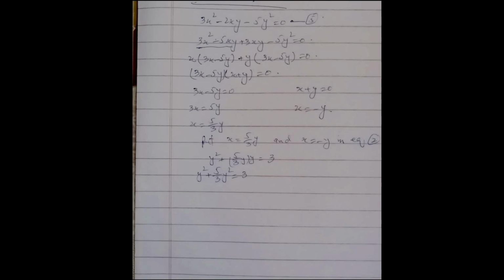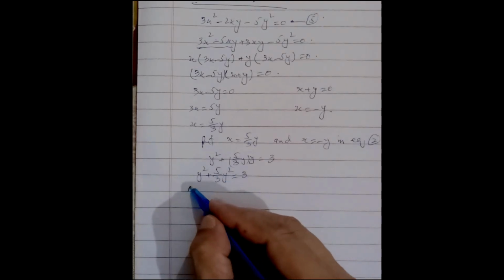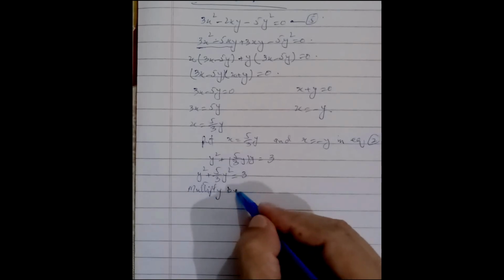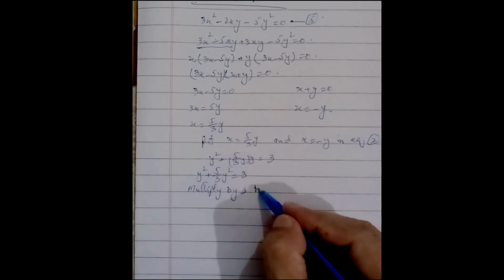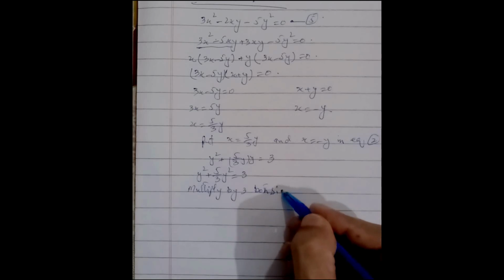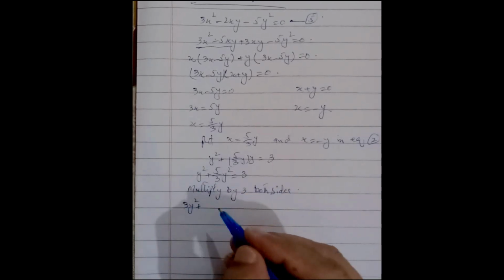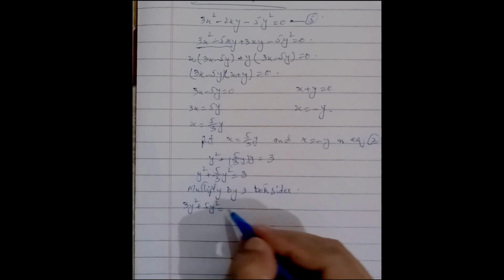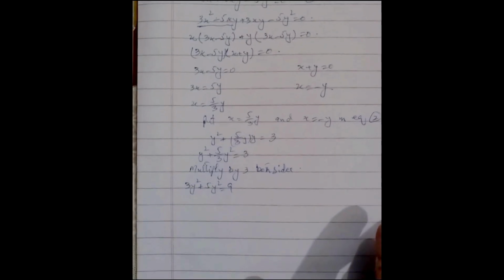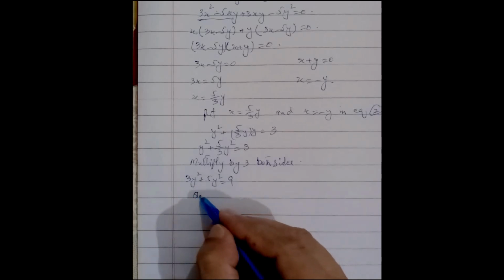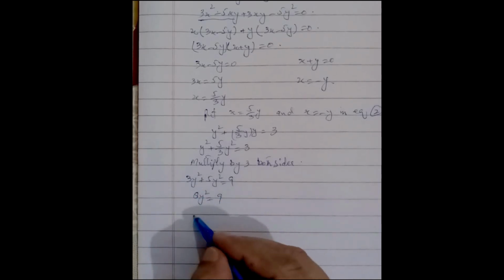In this equation, we multiply by 3 both sides. We get 3y square plus 5y square is equal to 9. And simplify it, 3y square plus 5y square, we get 8y square is equal to 9.